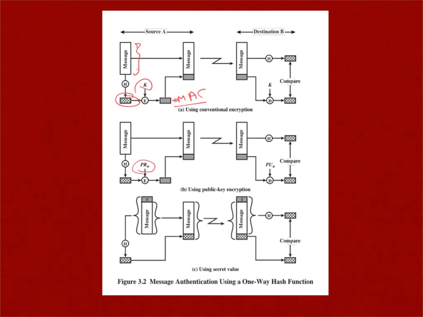If I need to authenticate you, then the receiver needs to authenticate the sender. So what does the receiver have about the sender? Does it have the private key of the sender? No. It has its public key.